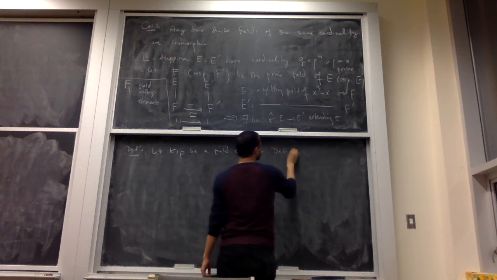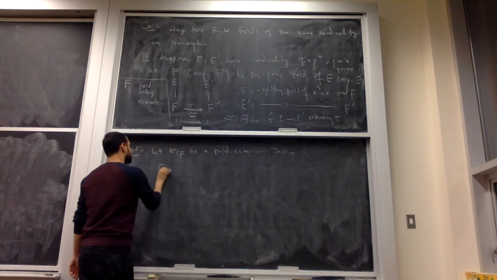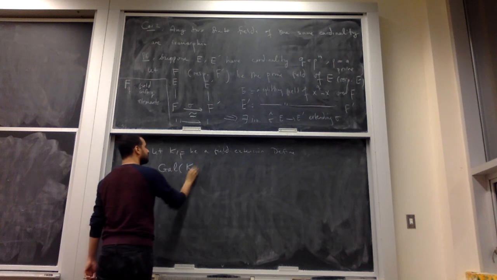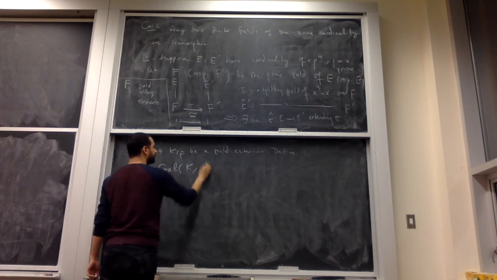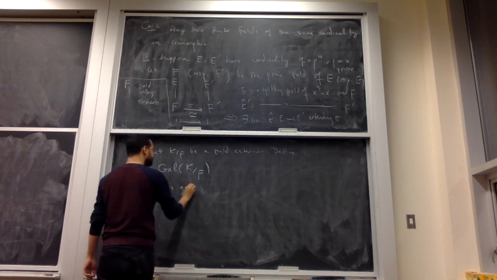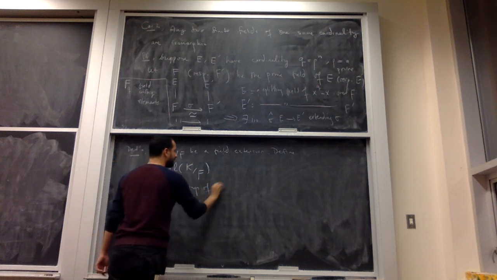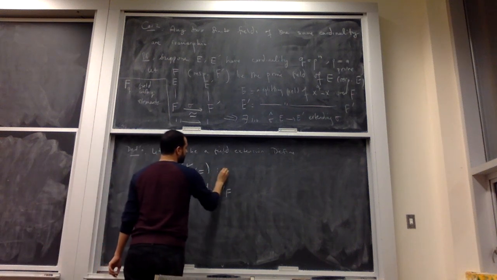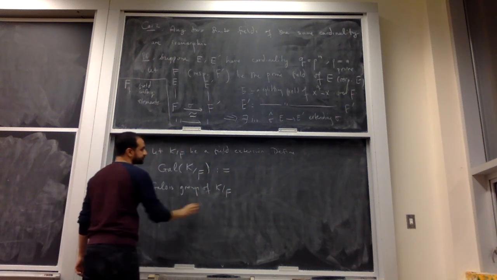We define the Galois group of K over F. So you're going to read it as the Galois group of K over F to be the following group.